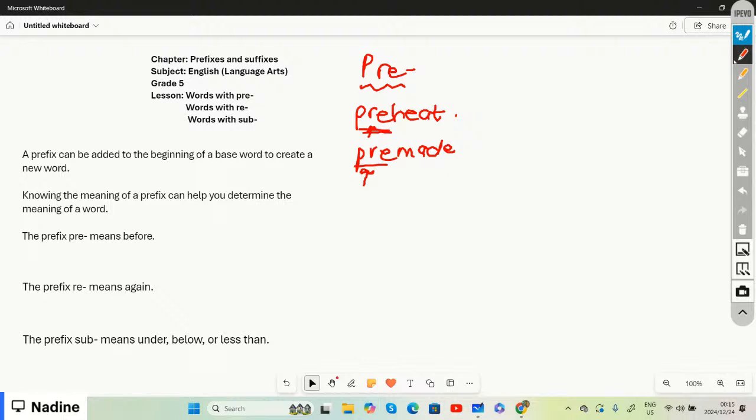So we have pre-made, and we see this is something that is made before the time. Prevent. We have prevent. Then we have pre.